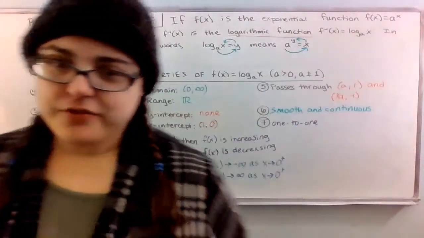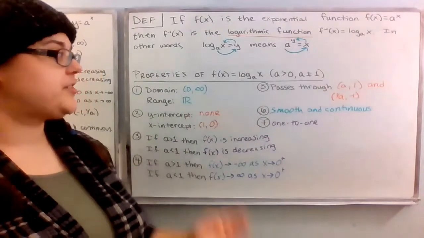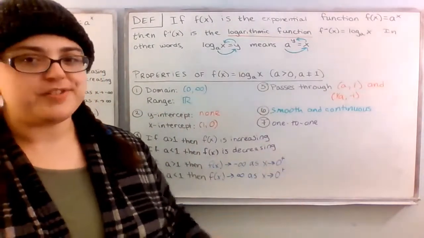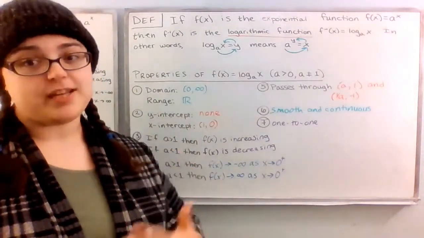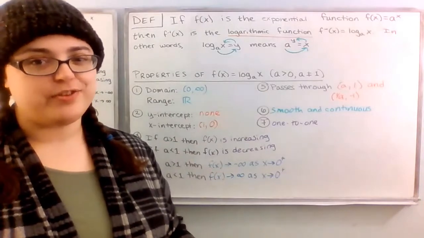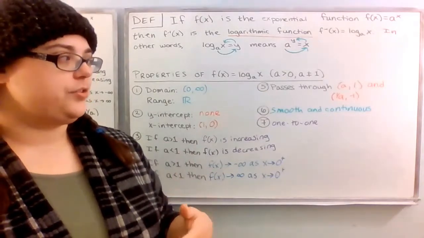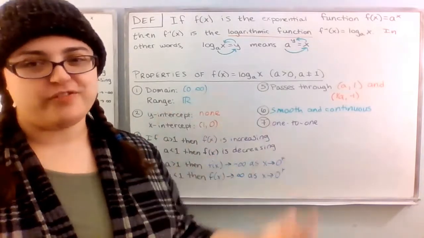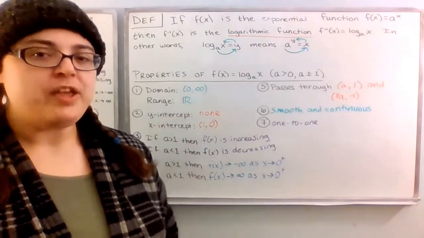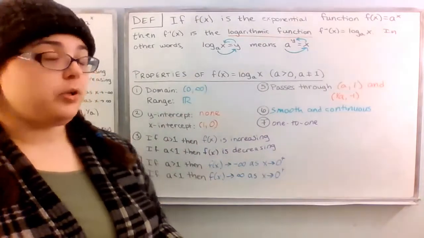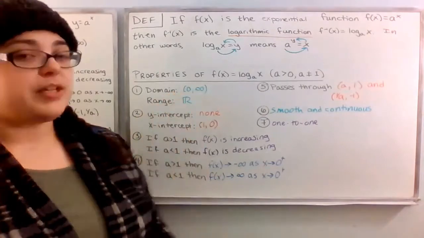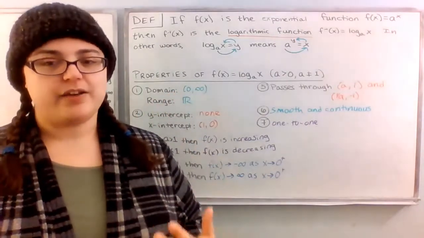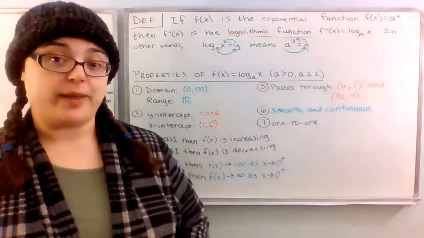All righty, so that's our full list of properties for logarithmic functions, and we'll apply these properties to help us graph logarithmic functions in the future, and to solve equations and things like that. I would like to do one example that builds on the domain, because remember, we were creating a list of things to look out for when you find a domain.